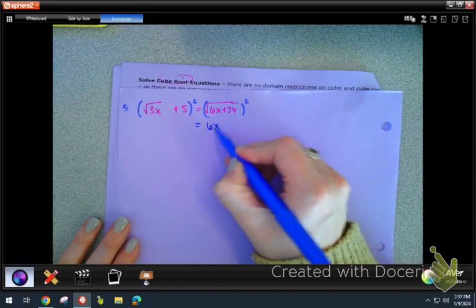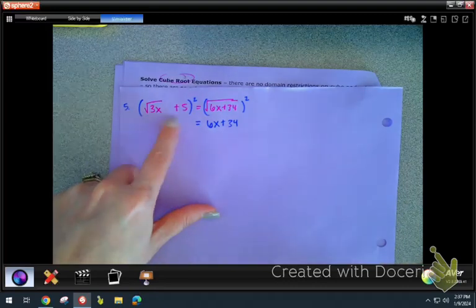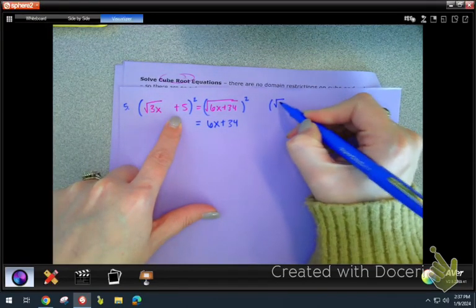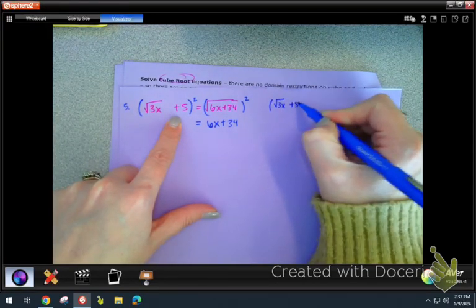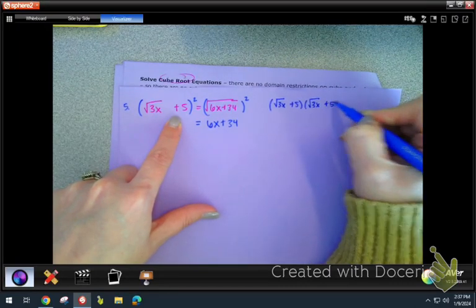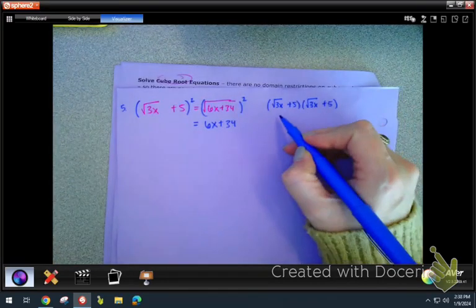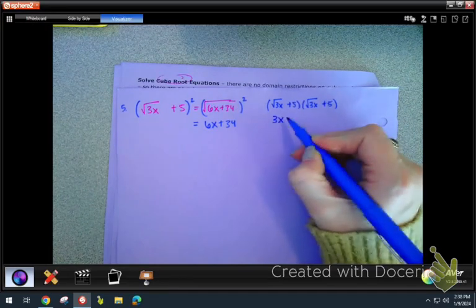So this will be 6x plus 34 on the right. That's the easy side. Over here, we've got a FOIL, square root of 3x plus 5. So I'm going to do that real quick. Square root of 3x plus 5 times square root of 3x plus 5. Square root of 3x times square root of 3x is 3x.